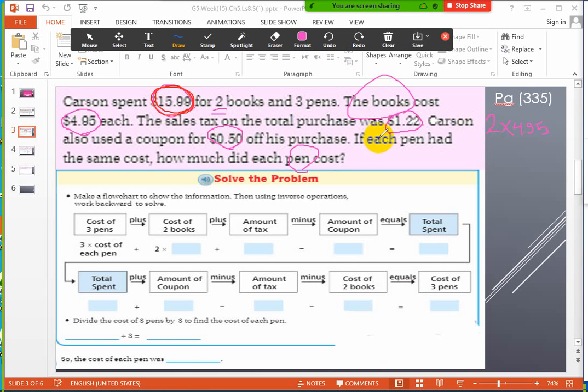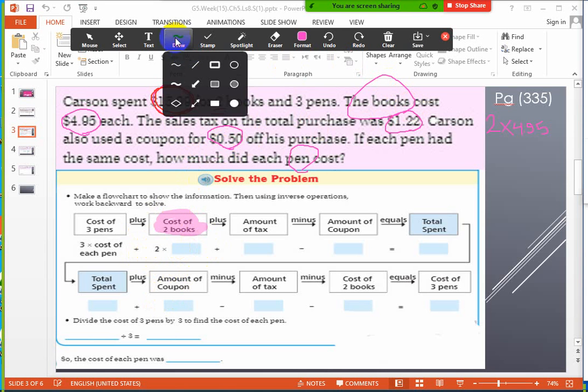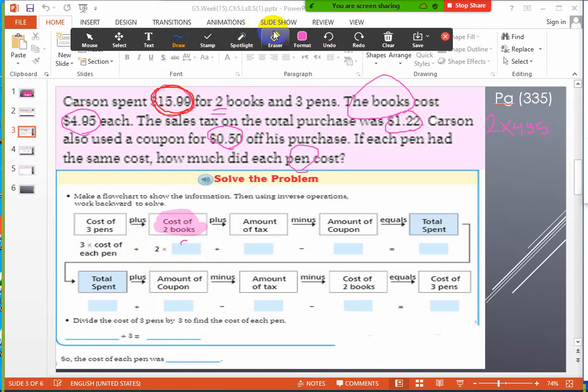Okay, so the first thing here is the books. Here in this square, in this strategy, the cost for the books is the cost for each one multiplied by 2, because I have 2 books. So this is the first number I have to fill in here in this strategy.